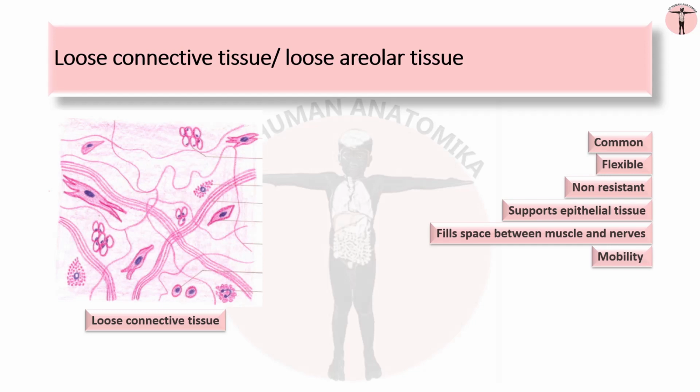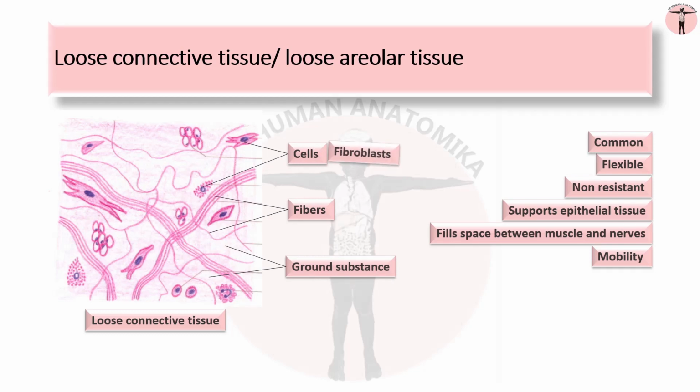Loose connective tissue contains cells, fibers, and ground substance in equal parts. Most numerous cells observed are fibroblasts. Other connective tissue cells like adipose cells, mast cells, macrophages are also present along with blood vessels and nerves. In the fibers, collagen is the most abundant, more than elastic and reticular fibers.